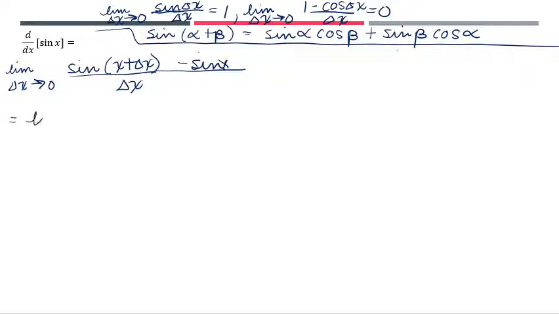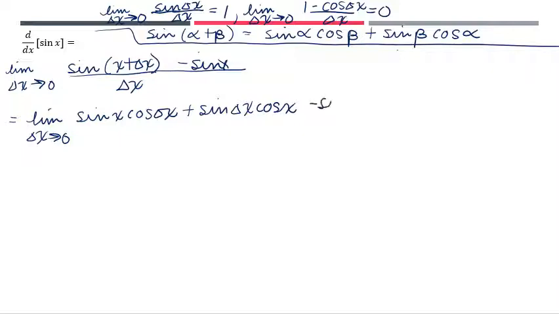I'm going to expand using that angle sum identity, so it becomes sine x cosine delta x plus sine delta x cosine x, minus sine x, over delta x.